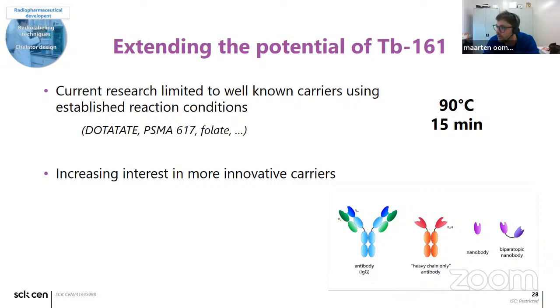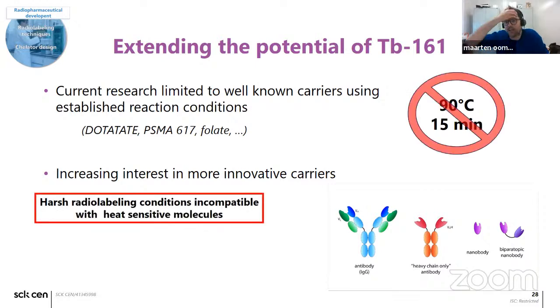However, that worked perfectly for these carriers, but the radiopharmaceutical field is more moving towards these biomolecules. So antibodies, nanobodies, or antibody fragments, which are not that heat resistant. So therefore, we had to figure out a way to radiolabel these radiopharmaceuticals without the harsh conditions.